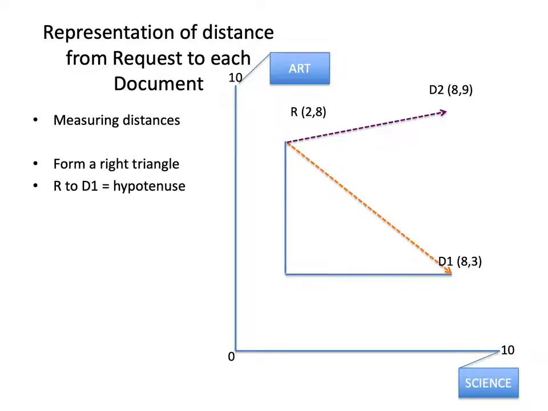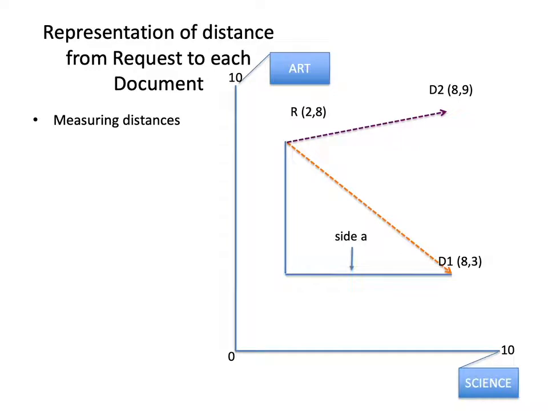If we look at the request, we see that it's over 2. So the actual length of side A is 8 minus 2, the distance of D1 along the axis minus the distance of R along the other axis. So 8 minus 2 equals 6.